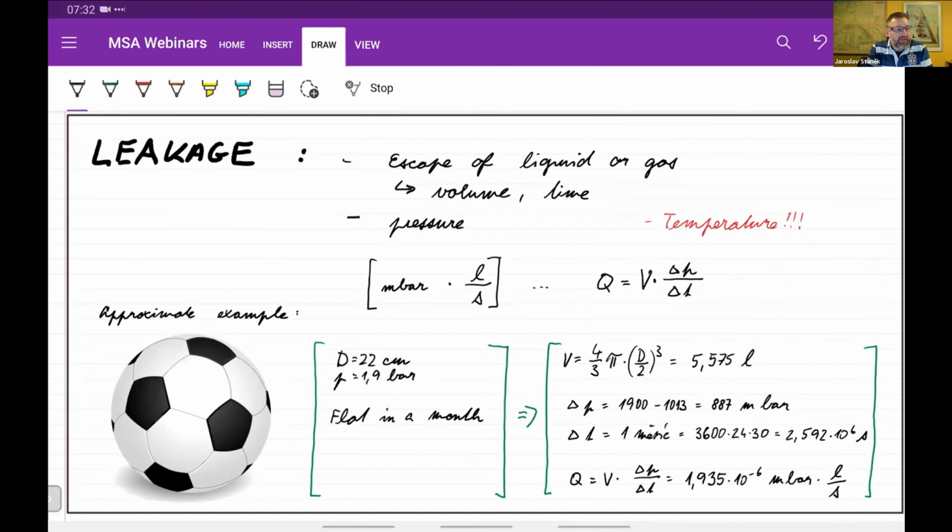When the gas or liquid escapes, it escapes from certain volume over a time. And of course, the escape is very much dependent on a pressure, or rather a pressure difference between the inside and outside of that object.